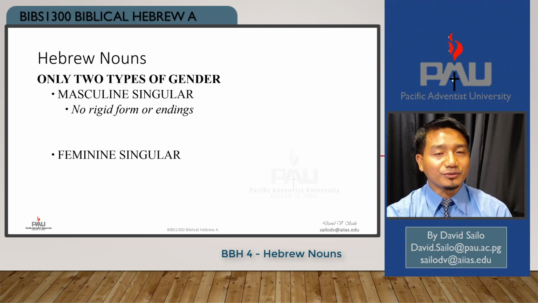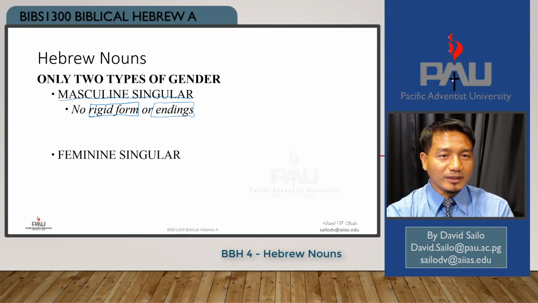Now let's try to see what their differences are. Let's look at masculine singular gender nouns. They don't have a rigid form or ending, so they are more difficult. There is no indication in the form of the word itself that will tell you that this is masculine.